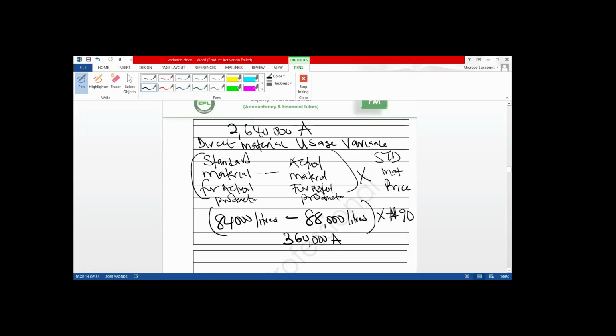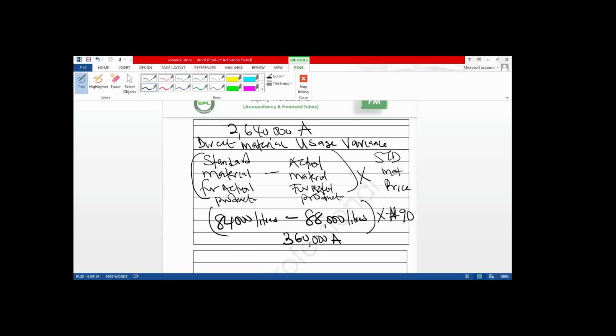Management will call someone, the production manager, as well as the purchasing manager. How come your staff are using 4,000 liters of material extra? You ought to have used 84,000 liters. How come they use 88,000 liters?